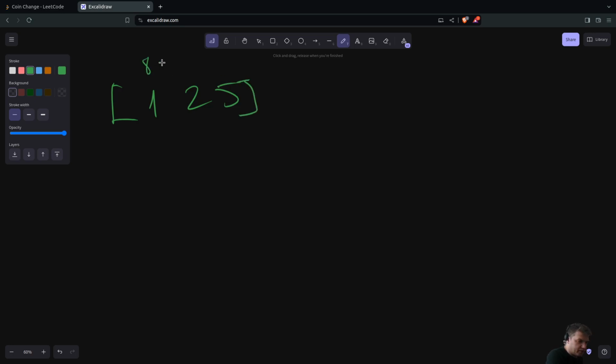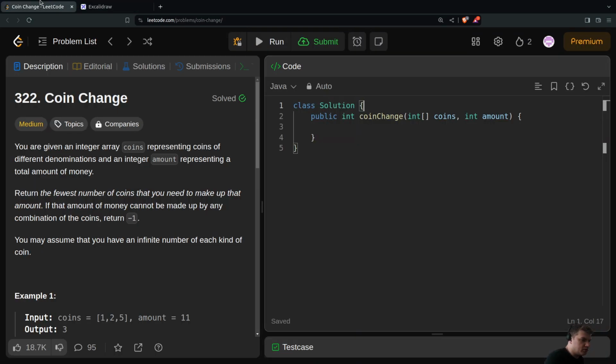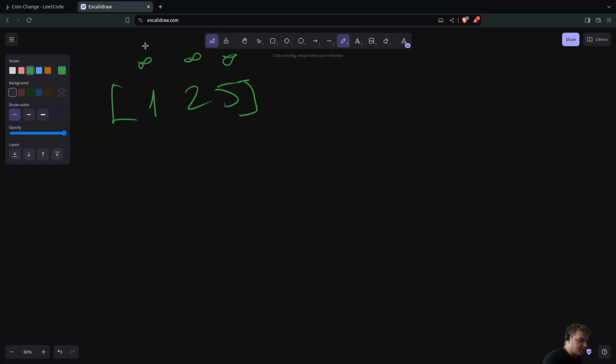I have an infinite amount of every type of coin, and I need to figure out the fewest number of coins I need to make up that amount.